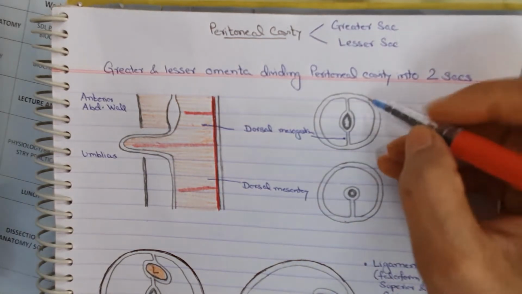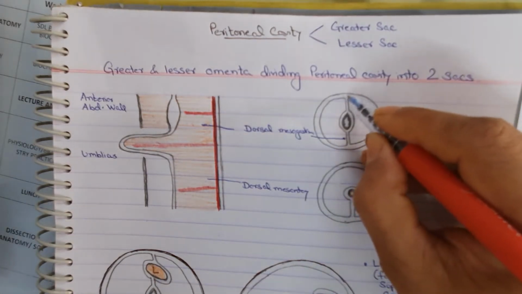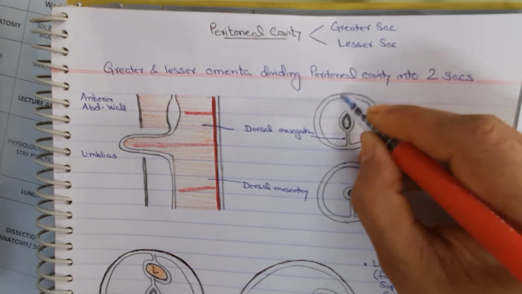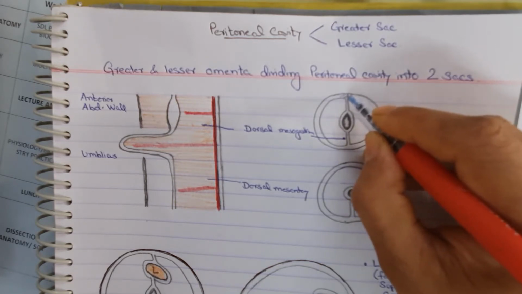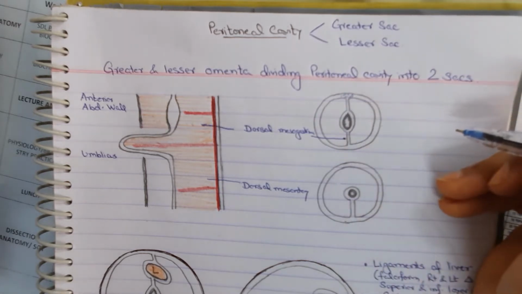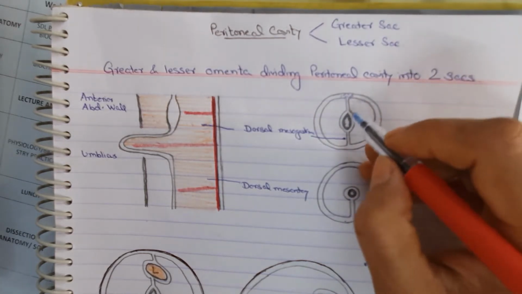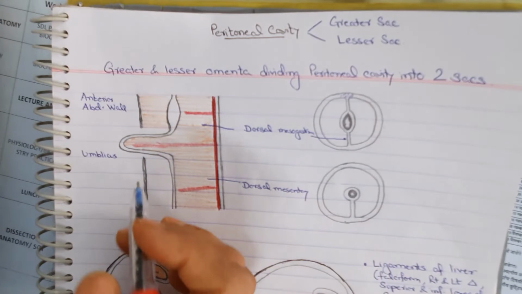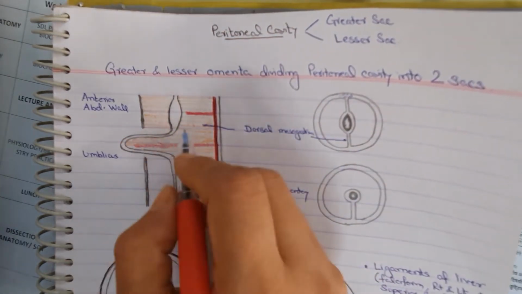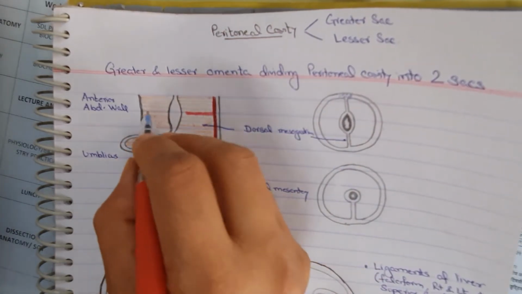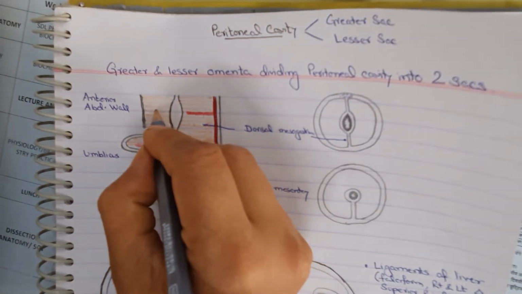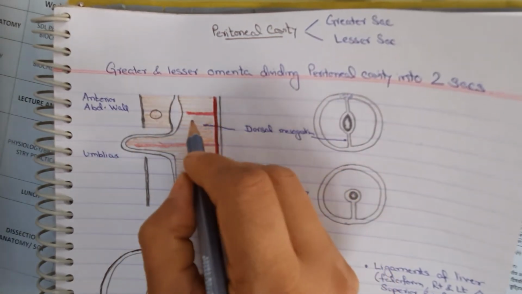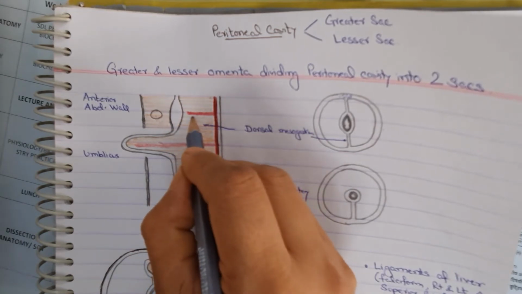What happens next? This area, if you remember, the unsplit lateral plate mesoderm, cranial to the pericardial cavity, forms the septum transversum. So the liver develops in this ventral mesogastrium and the spleen develops in this dorsal mesogastrium.